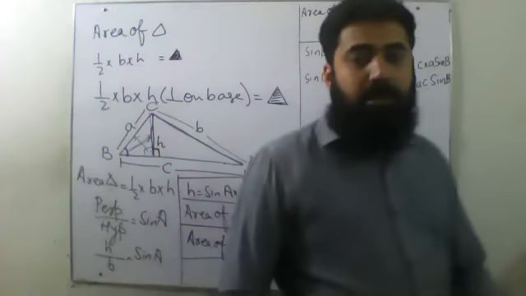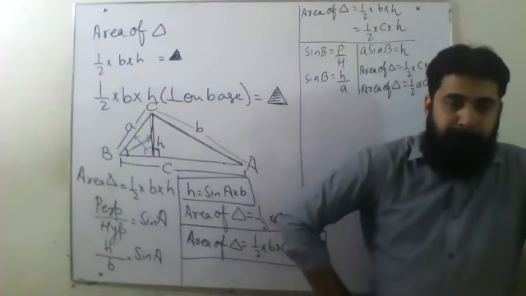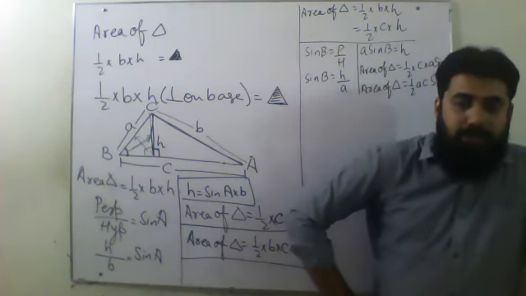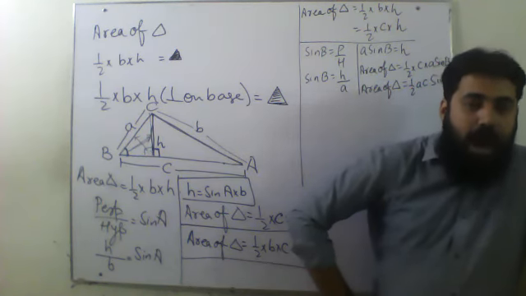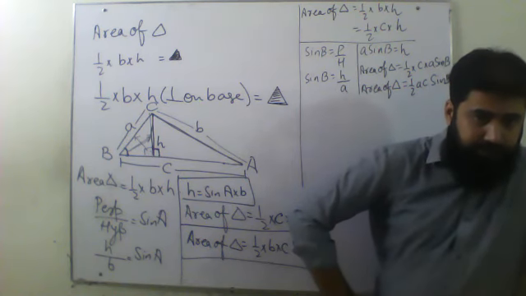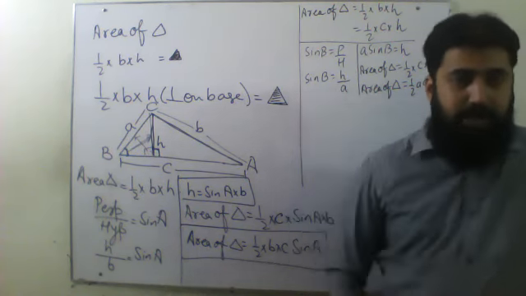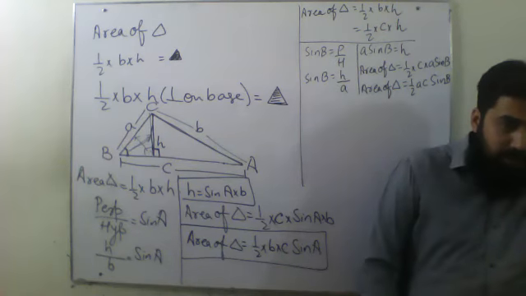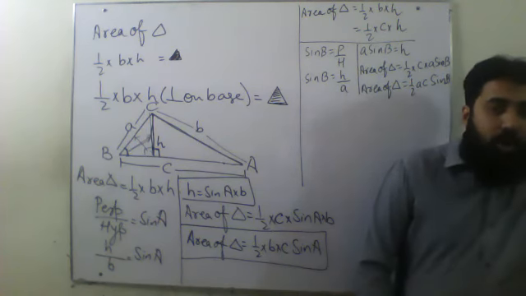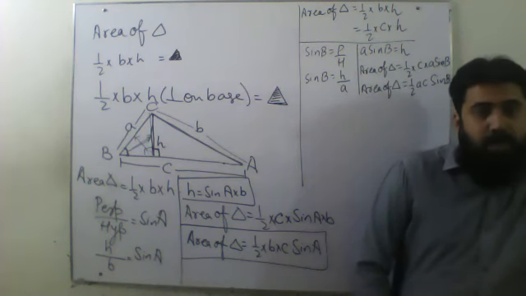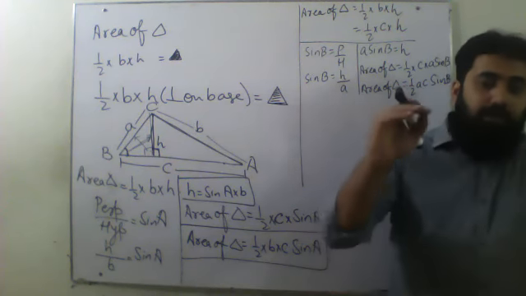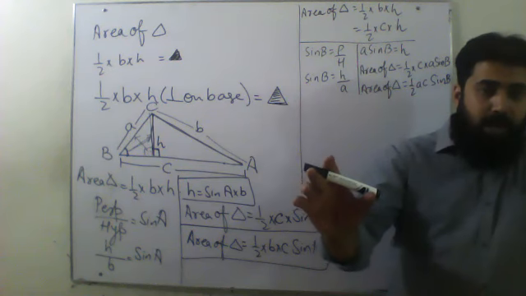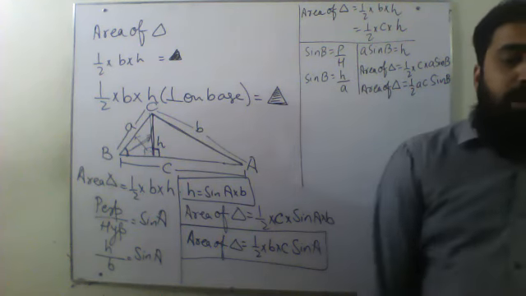Area of triangle equals half of the product of any two sides with the sine of the inclusive angle.